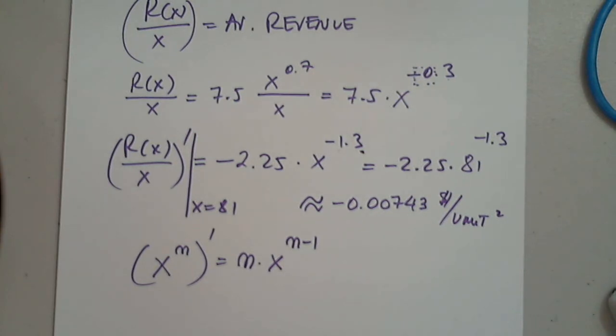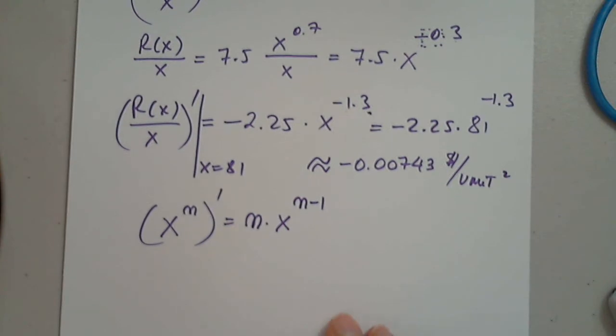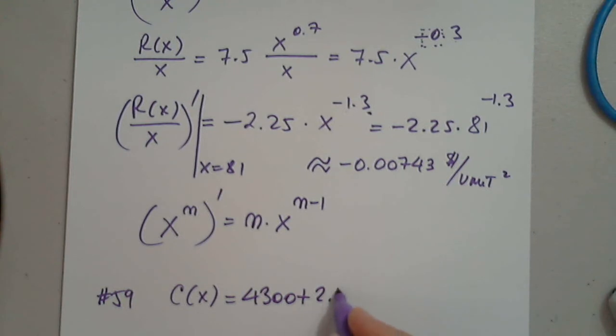Good. Anything else? Do we want to look at maybe average profit? So let's talk about average profit because we did talk before about average profit. So let's also look at this and move on. So we have the cost function, 4,300 plus 2.1 x^2.6.